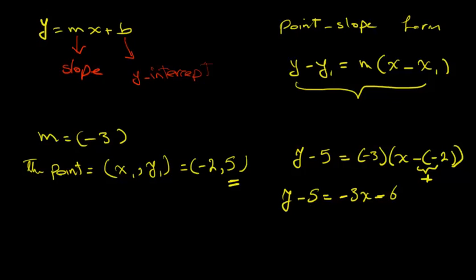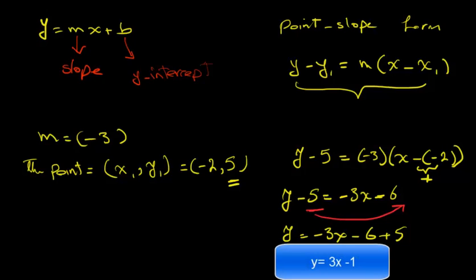So we bring the 5 to the other side of the equation and we'll have y equals minus 3x minus 6 plus 5. Then we'll have y equals minus 3x minus 1. This is our equation for this line.